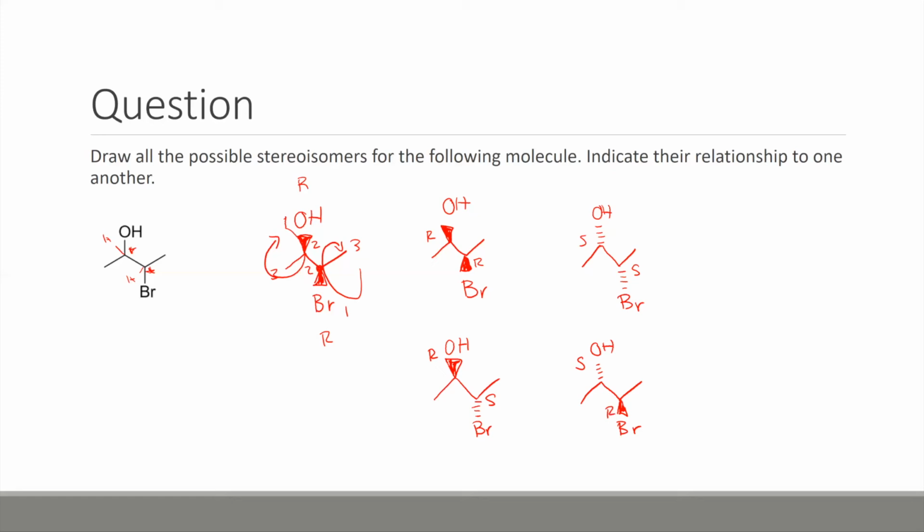Now, how are these related to each other? This RR configuration and this SS configuration, when we generated them, I already said, here's the mirror image. So these are enantiomers of each other. Similarly, if you look at these two molecules, this RS and SR are mirror images of each other, so they are also enantiomers.